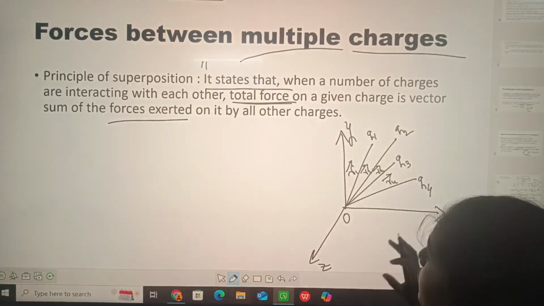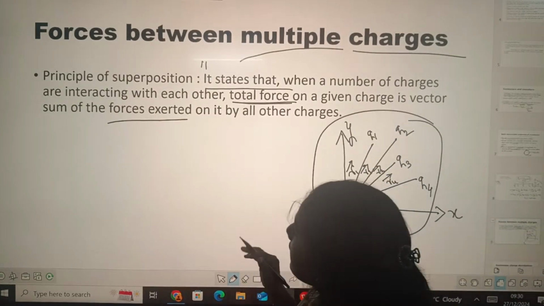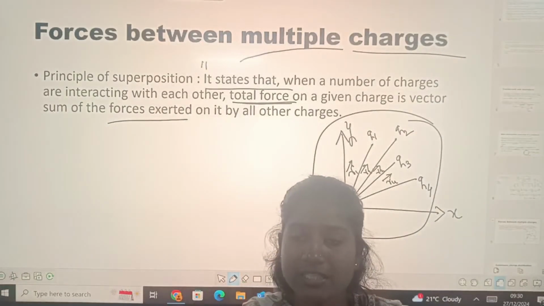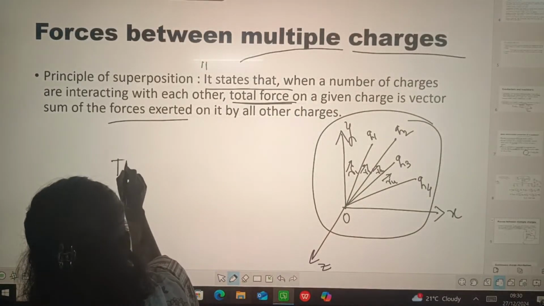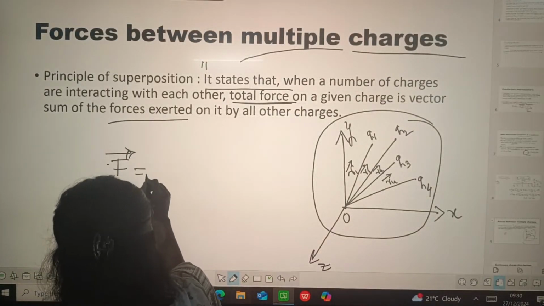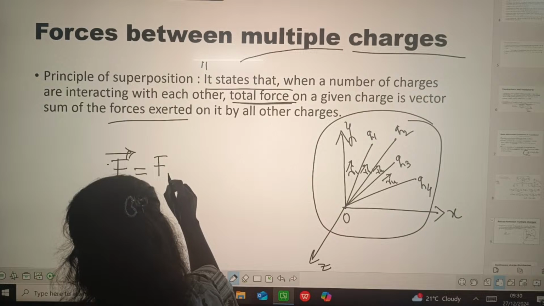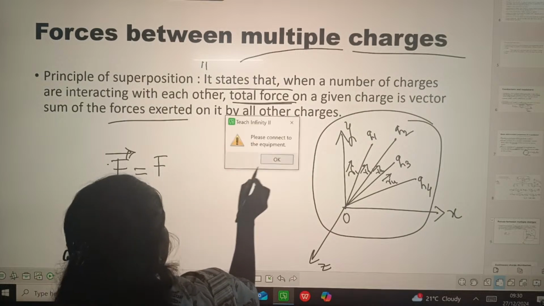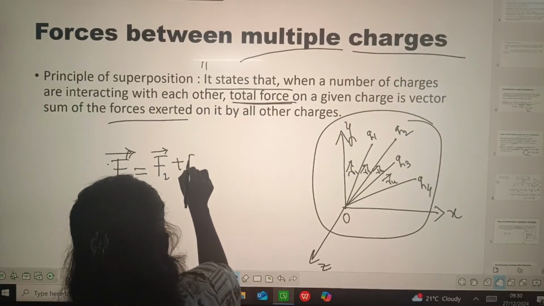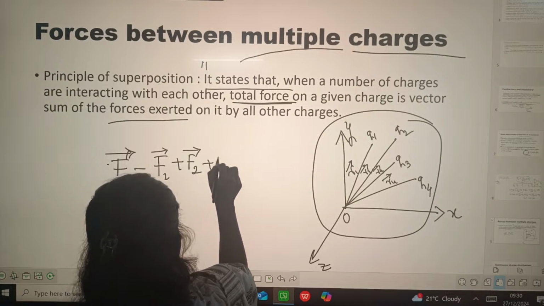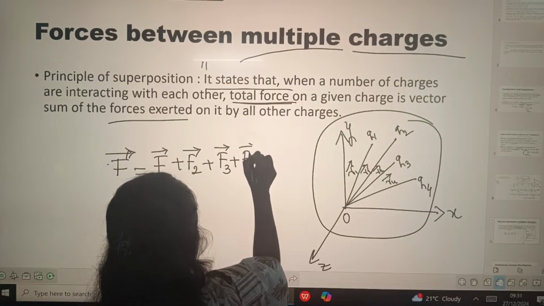Here there are multiple charges present. The interaction of each charge with the others is denoted by the superposition principle, which can be derived as F1 bar plus F2 bar plus F3 bar plus F4 bar and so on.